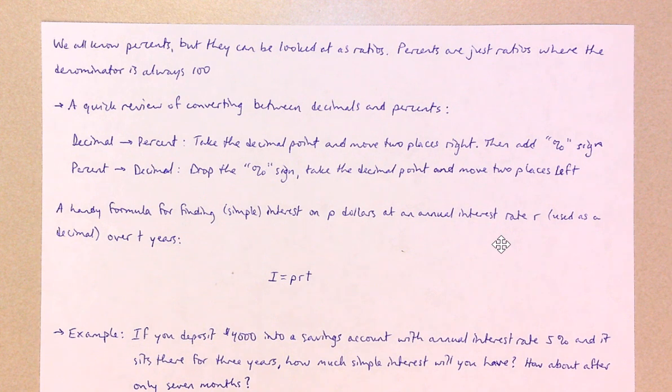So we all know percents. We've all seen percents before. We see them in stores when we go shopping, all that fun stuff. But percents can be looked at as ratios. Percents are really just ratios where the denominator is always 100.